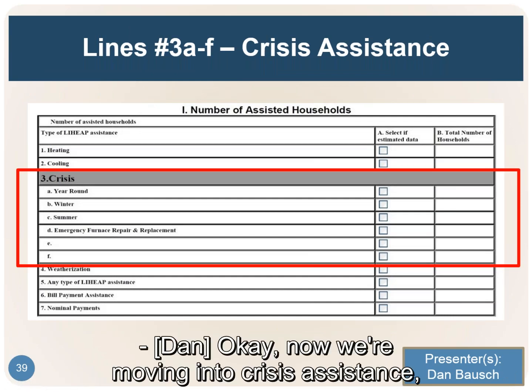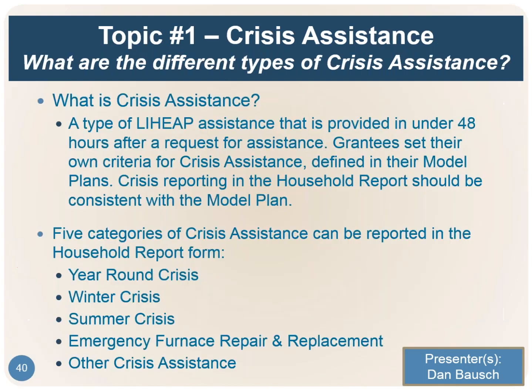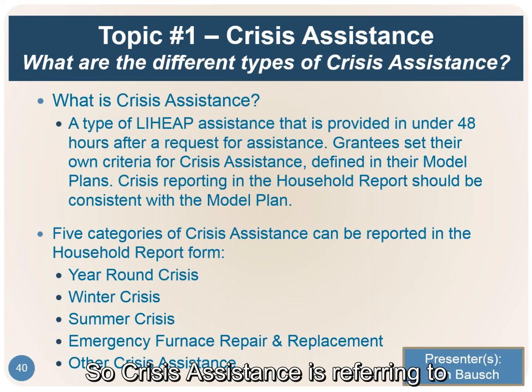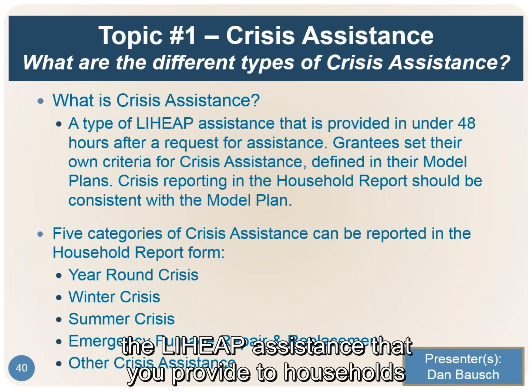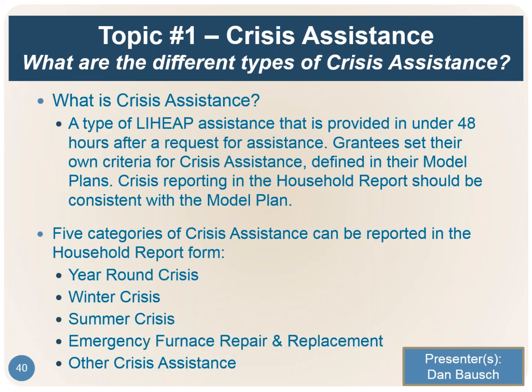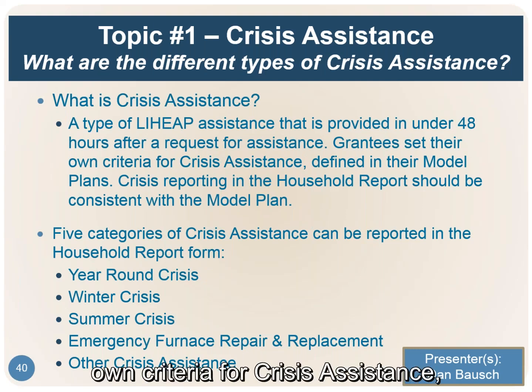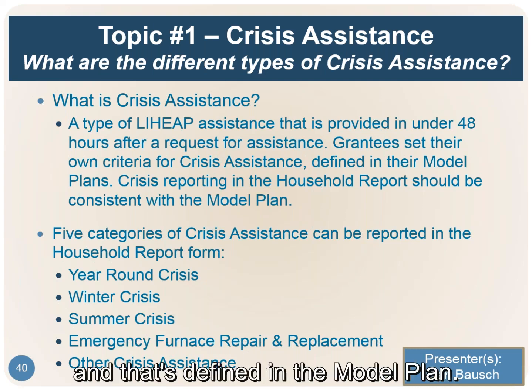Okay, now we're moving into crisis assistance, which is line 3A down through 3F. So crisis assistance is referring to the LIHEAP assistance that you provide to households that are facing an emergency or life-threatening situation. Each grantee gets to set their own criteria for crisis assistance, and that's defined in the model plan.